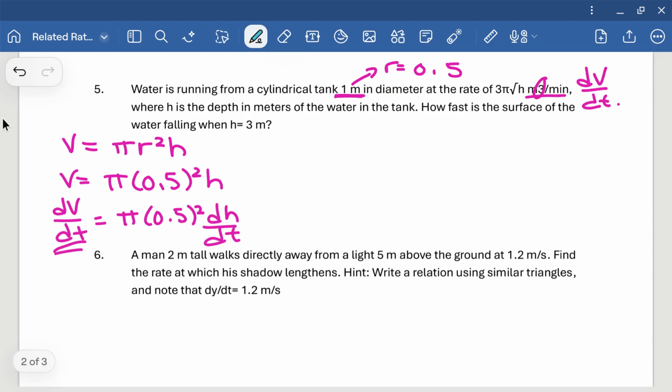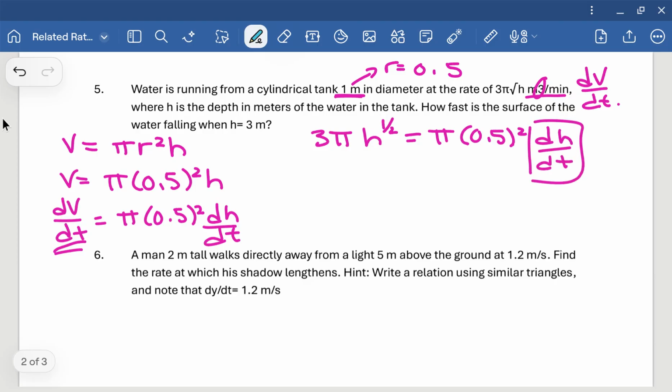So we can replace that part in here. So replacing the left-hand side with 3 pi, I'm going to write h with an exponent instead of the radical, h to the power of a half, and that's going to equal pi times 0.5 squared times dh over dt. So now let's isolate dh over dt by dividing our pi times 0.5 squared to the other side.